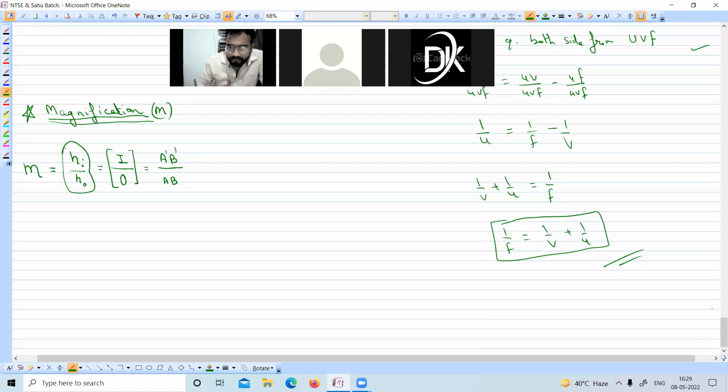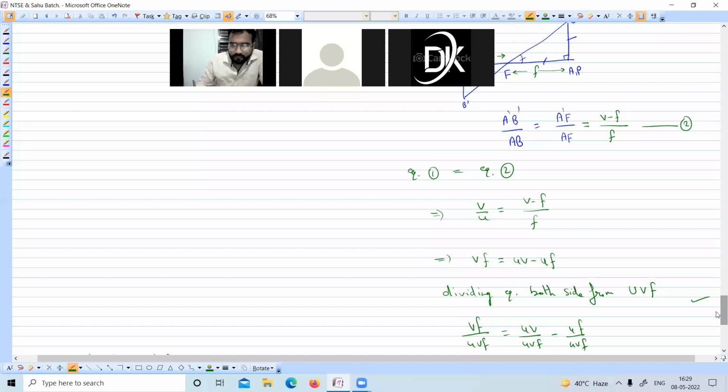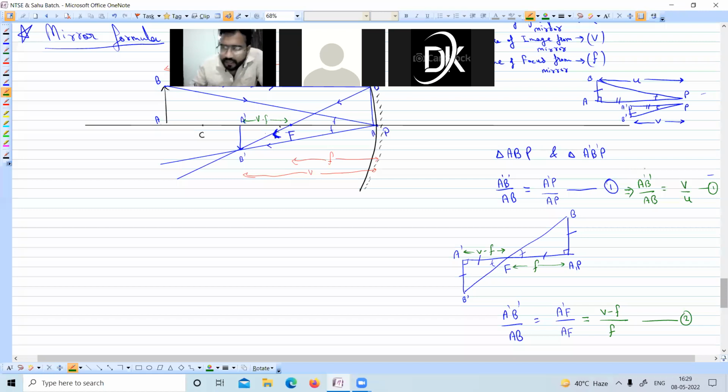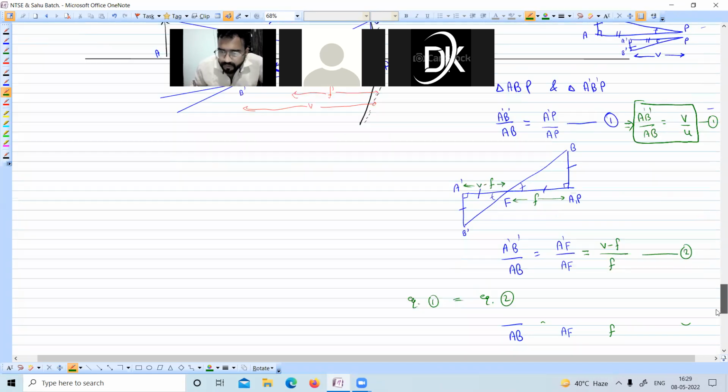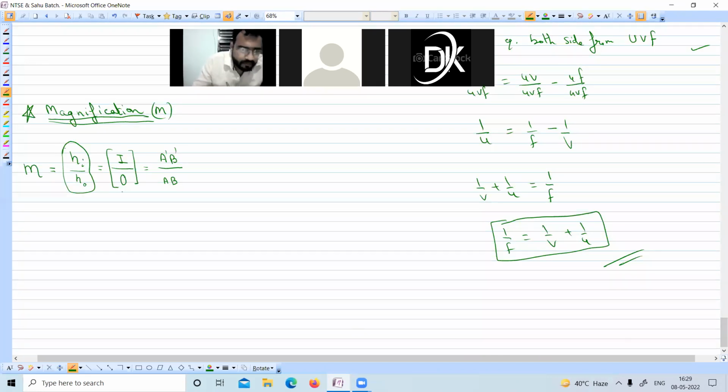Is it clear to everyone? Yes. Now, as you can see, A dash B dash upon AB is V upon U, right? So it means V upon U is also one of the patterns to find the magnification.